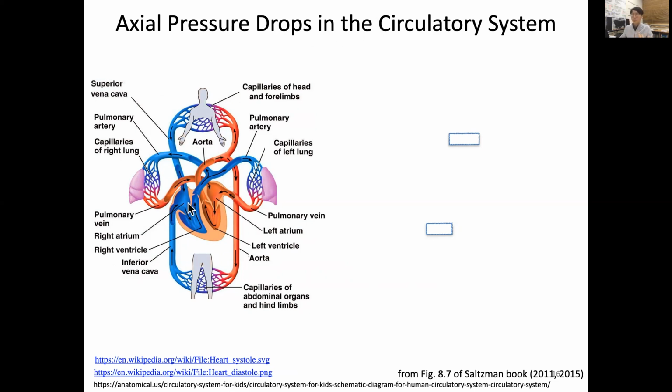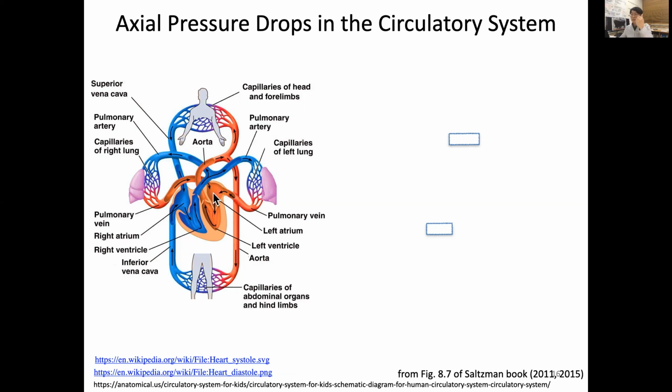So look at our heart. Let's start with the right atrium. The right atrium collects the deoxygenated blood into the right ventricle, and that pushes this blood to the lungs through the pulmonary artery, and then it is oxygenated and comes back via the pulmonary vein to the left atrium.